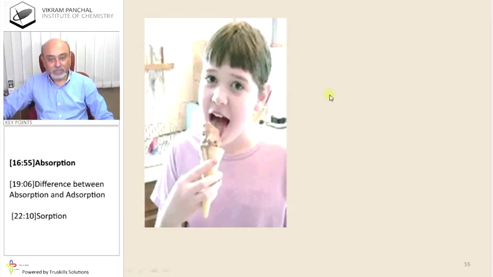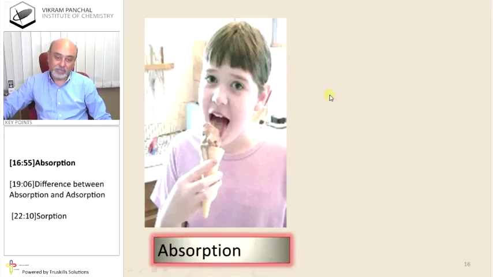For example, eating ice cream is absorption, because when you take ice cream, it goes into the stomach and it is no more ice cream over there. Because when you eat ice cream, it transfers to the stomach and the whole tract will experience the cooling.